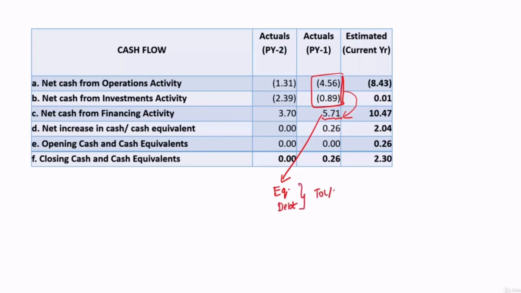Whether TOL by TNW is satisfactory, because year on year they are reporting negative operational cash flows, and they are managing the show only with the funds they are mobilizing through financing activity and not on their own. So this got to be explained. So here these two outflows were managed by this inflow. After setting off this, there is a surplus of 0.26 crore, and that is available as closing balance. Fine.